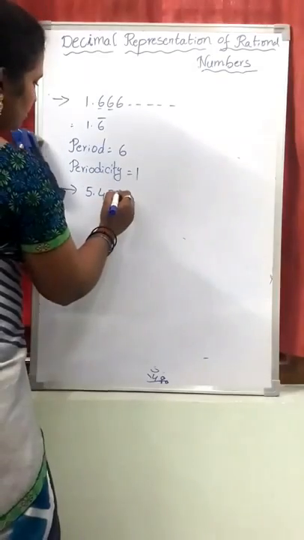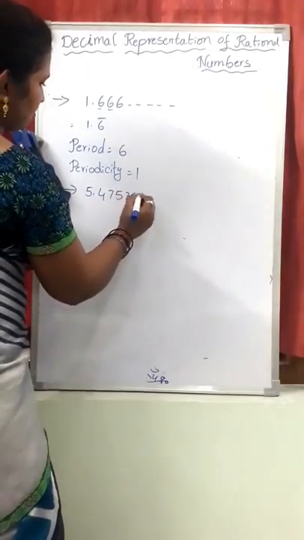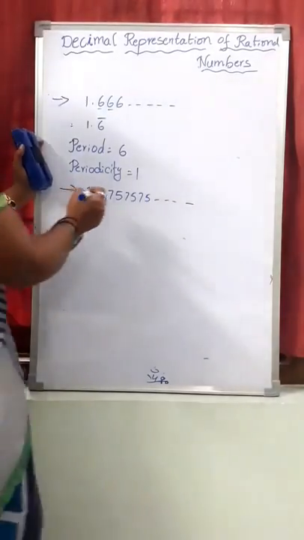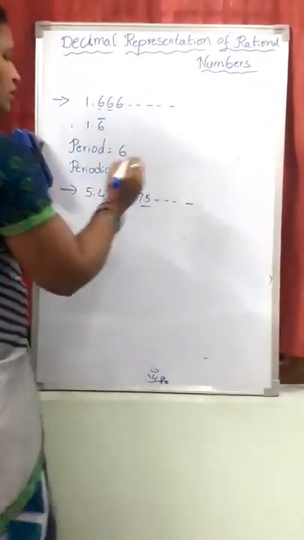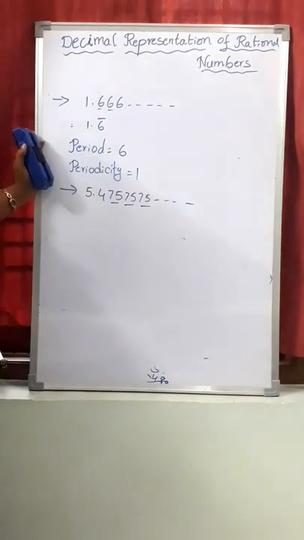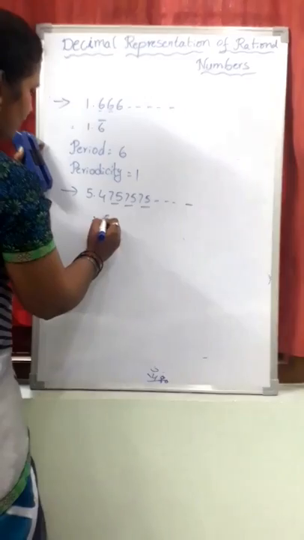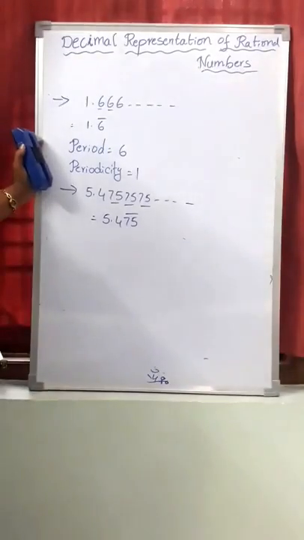Let us see one more example. I have 5.4757575 and so on. Here when we observe this, the digits 7 and 5 are repeating continuously. So we can represent this like this, 5.475 bar. Here which digits are repeating?